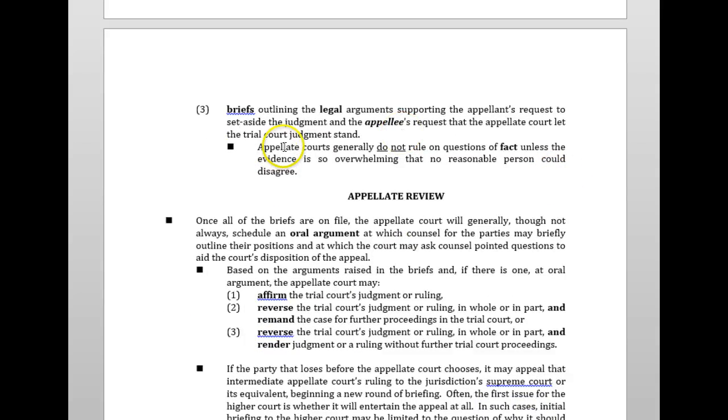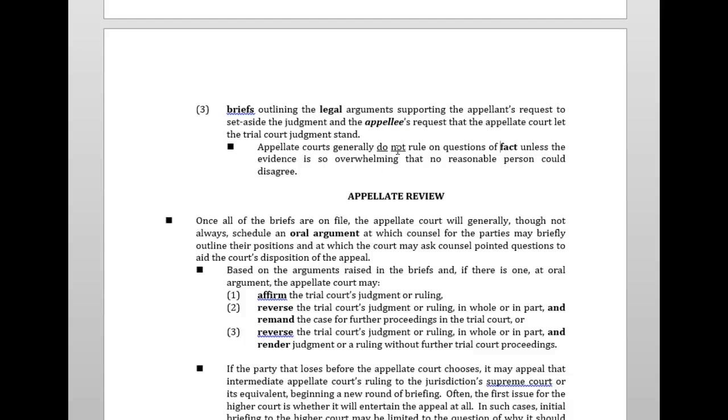An appellate court generally does not rule on questions of fact, unless the evidence is so overwhelming that you absolutely can't ignore it. Usually the appellate court is going to look at how the previous court went through the process.